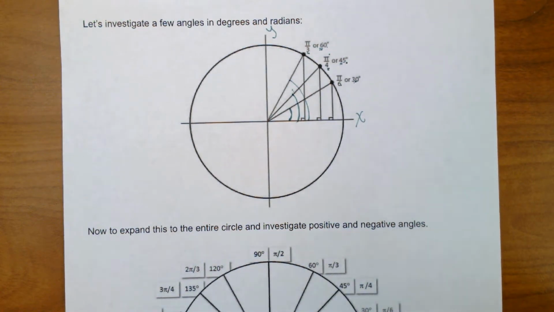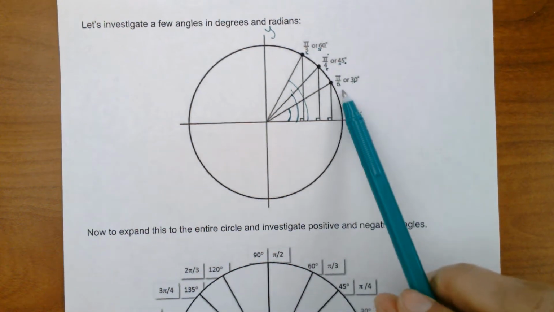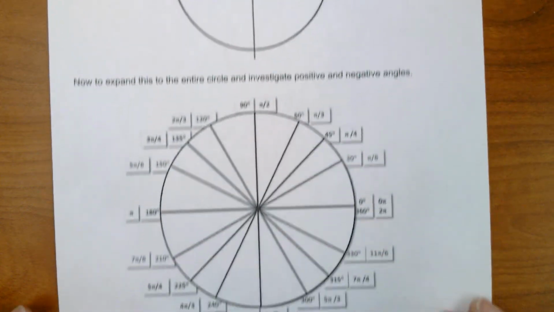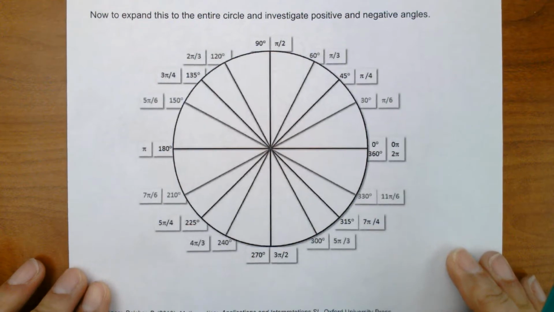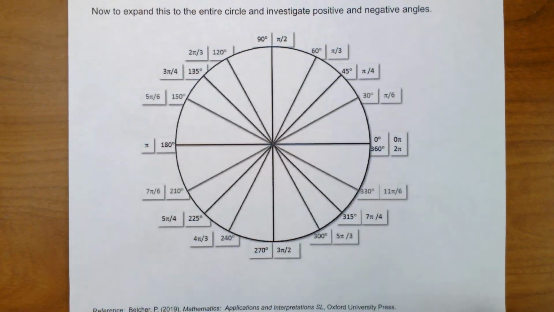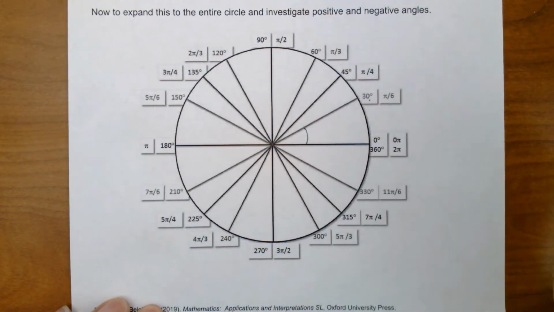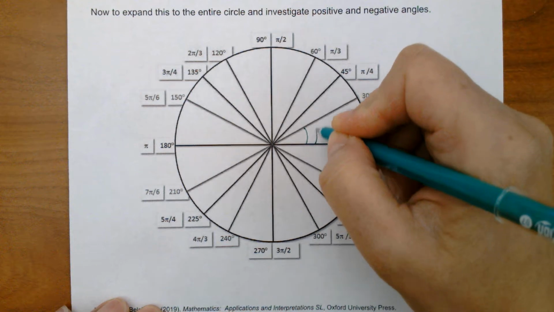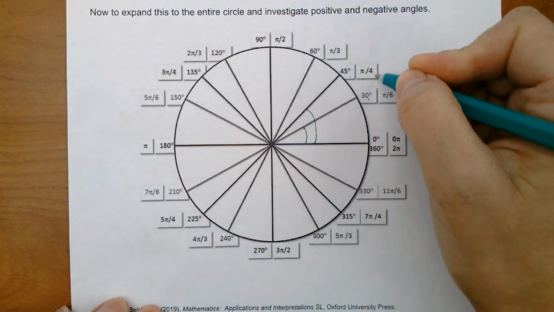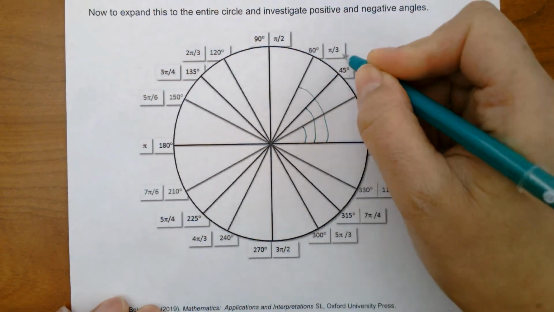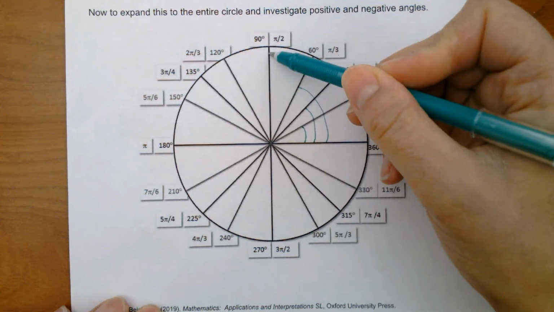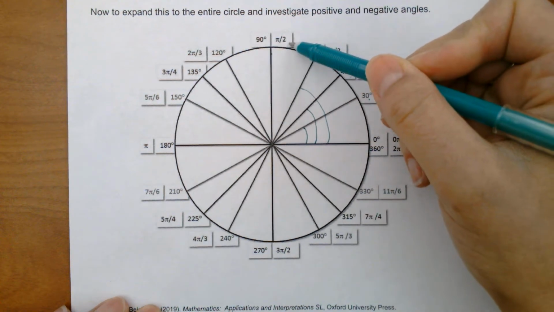All right, we're going to expand. I'm going to show you all of the angles in the entire unit circle. If it's a little overwhelming, I'm sorry, but we are expanding this to the entire unit circle. So here's our 30-degree angle measurement right here, or pi over 6. Then we went out to 45, pi over 4, 60, pi over 3, and then we're at 90 degrees, which is pi over 2.